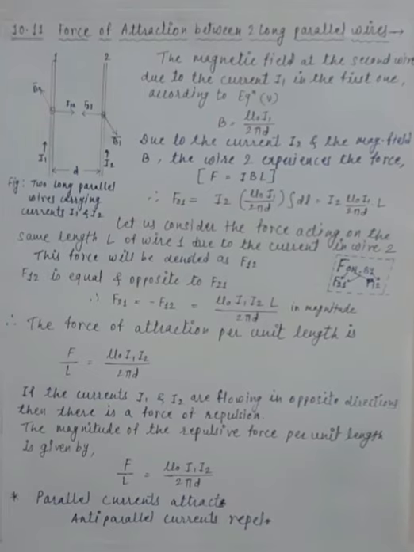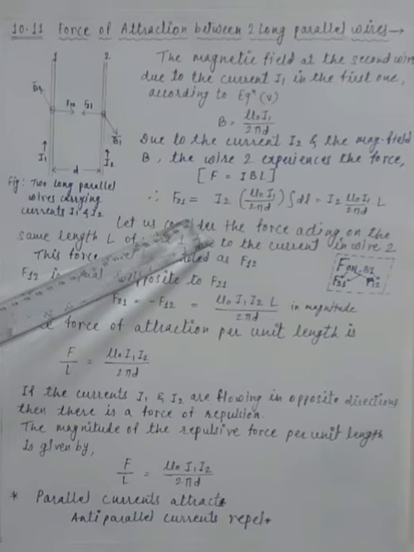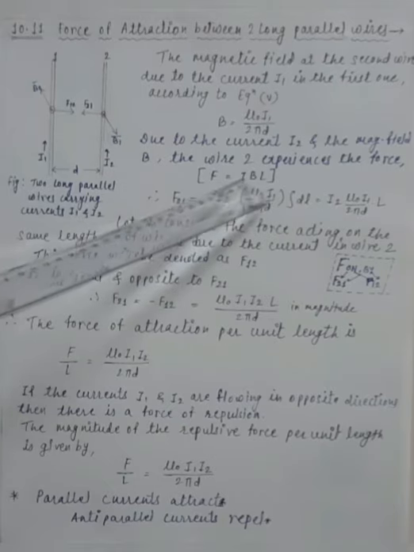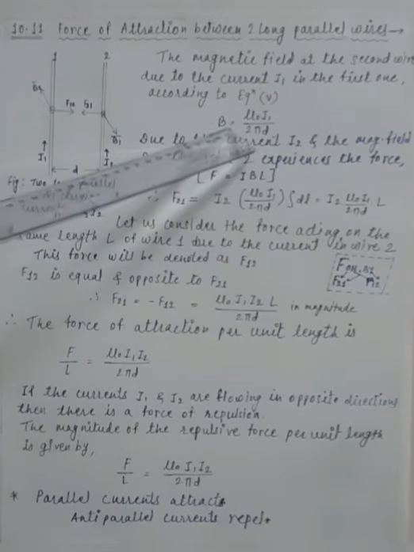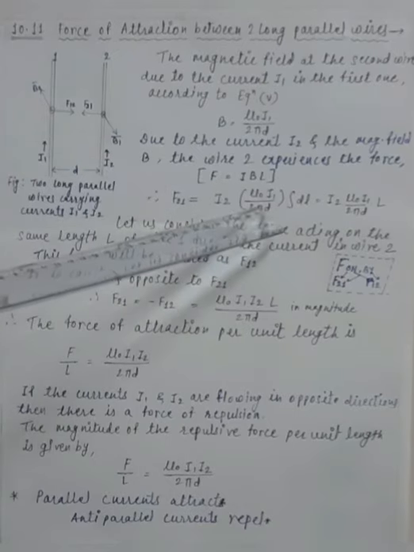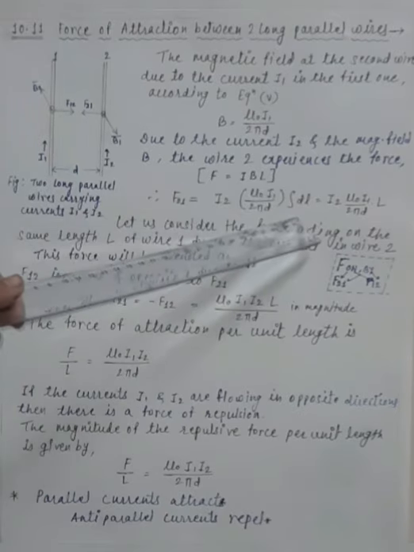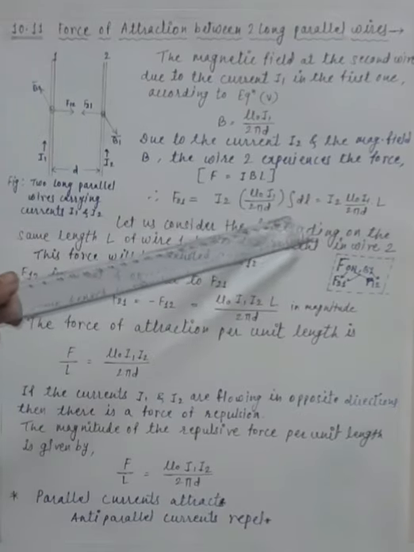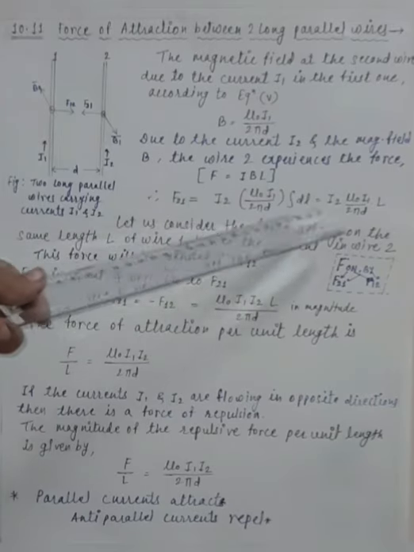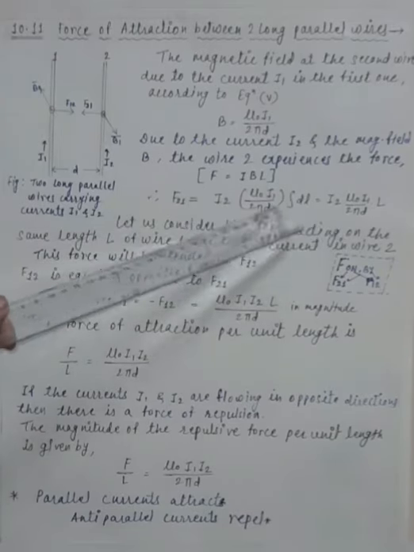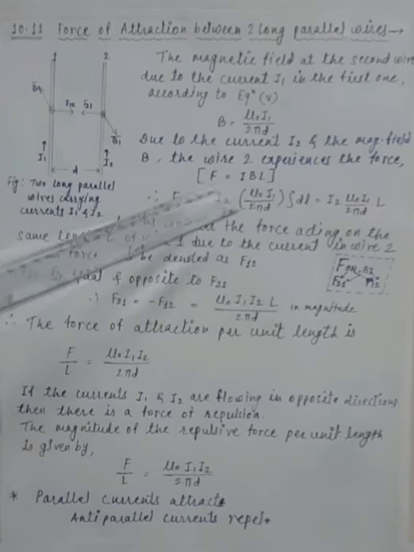So here, for the second conductor, the force F21 equal to I, the current flowing through the conductor is I2. B is given by the equation mu 0 I1 upon 2 pi D, and L is length integral dl. So the equation becomes F21 equal to I2 mu 0 I1 upon 2 pi D into total length L.